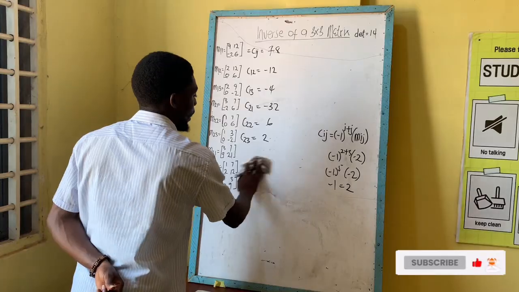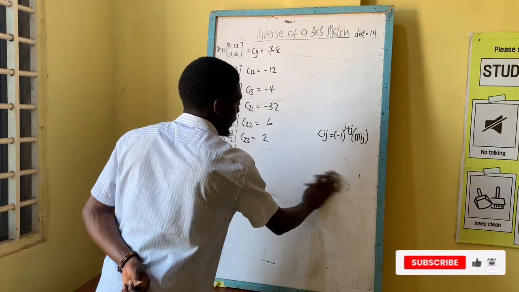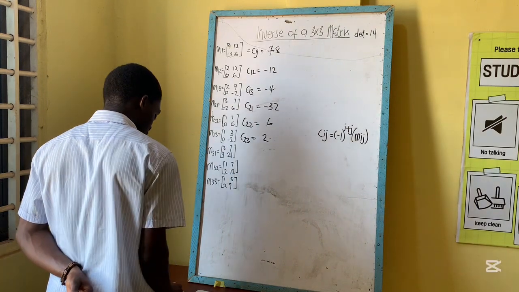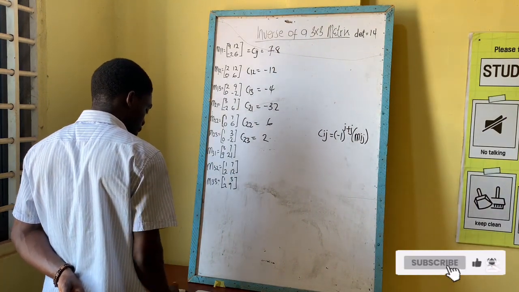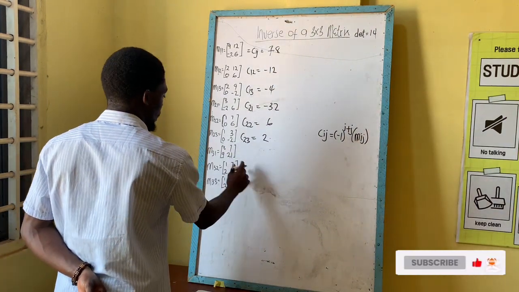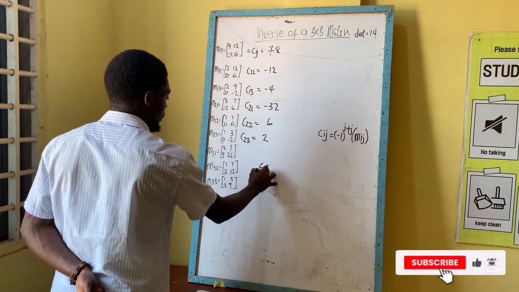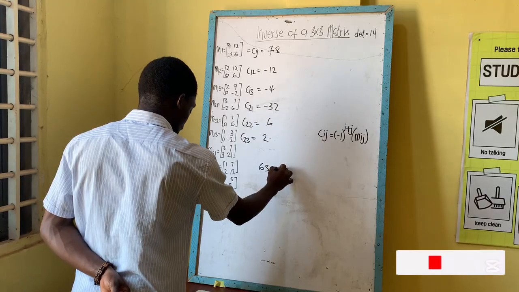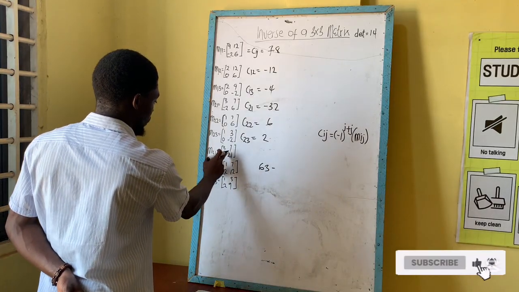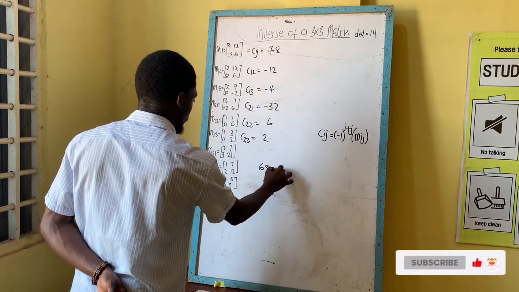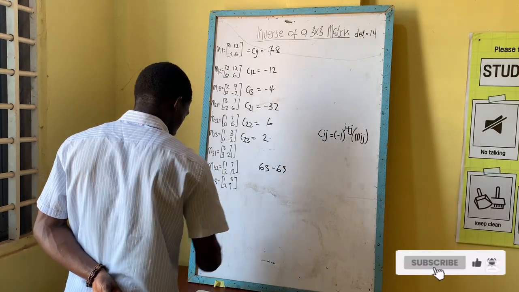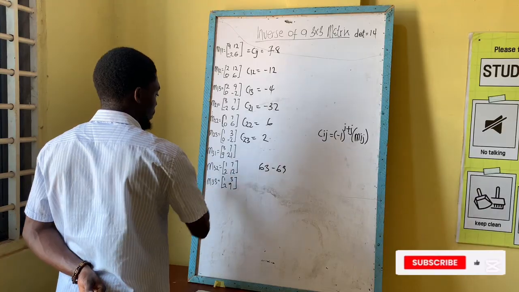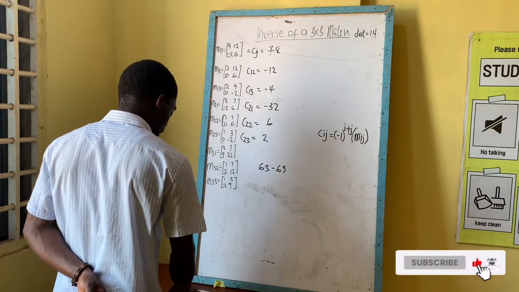Now I move to the 3 1. That's our last part. 3 1. So 3 multiplied by 21, which is 63. We are finding that determinant. Then 9 multiplied by 7, which is 63.